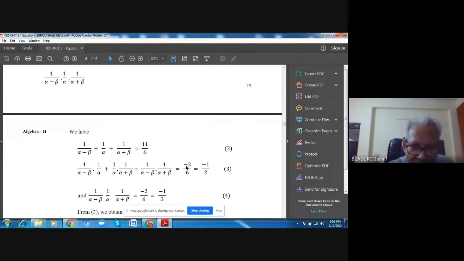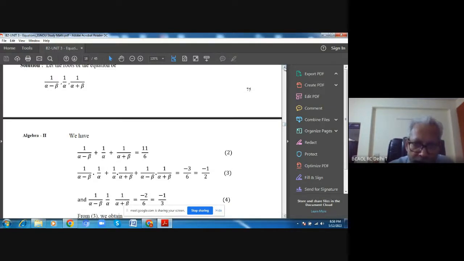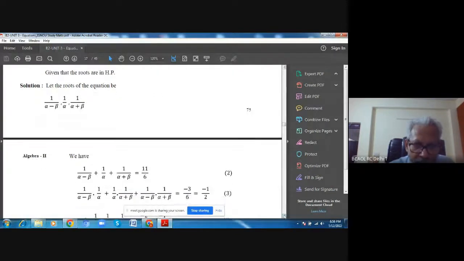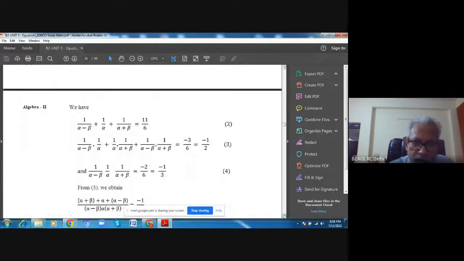We know the product is C by A, so C is minus 3 and A is 6. So now, combining the quadratic equation and the HP formation, we are getting this.